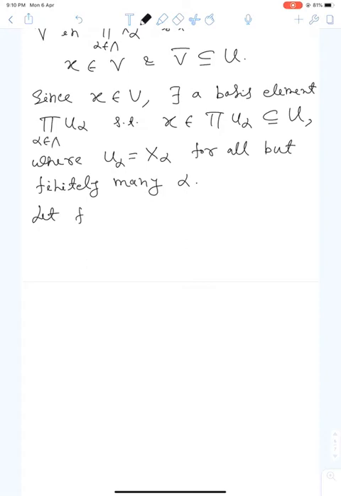So let for alpha equal to alpha 1, alpha 2 up to alpha n, for this finite set, u alpha is not equal to X alpha. That is, u alpha is a proper open set in X alpha.